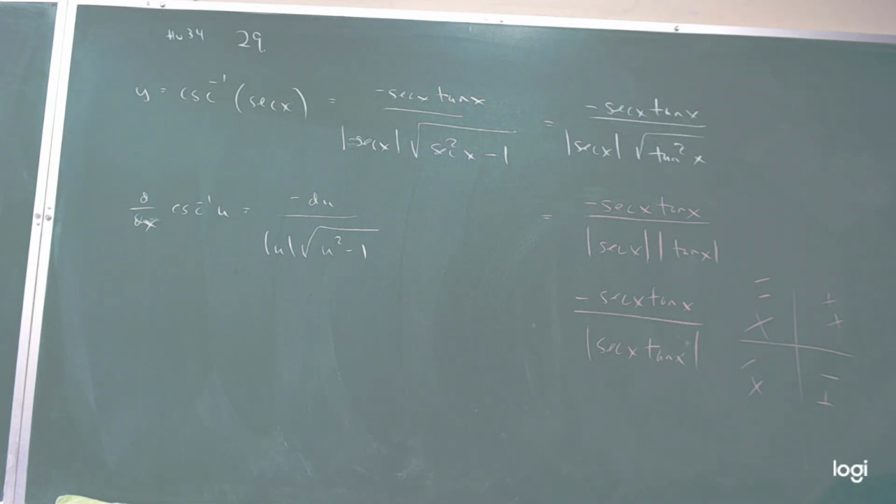Let's see. Our result is going to always be positive in quadrant 1 and 2, and always going to be negative in quadrant 3 and quadrant 4. I just don't think there's any good way. I think we just have to stop here, and I don't think we can cancel anything there.